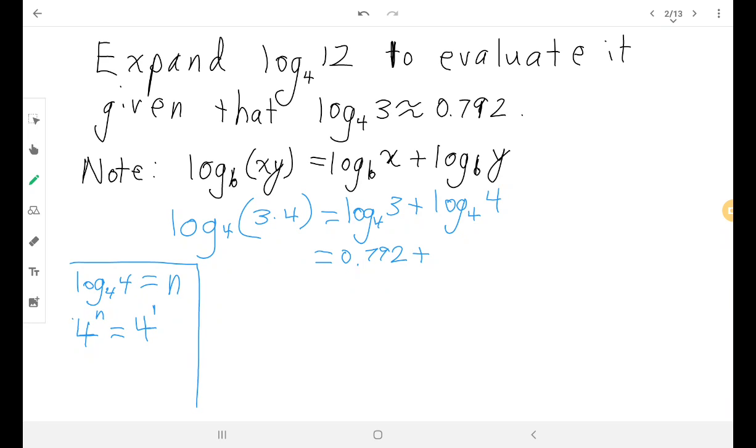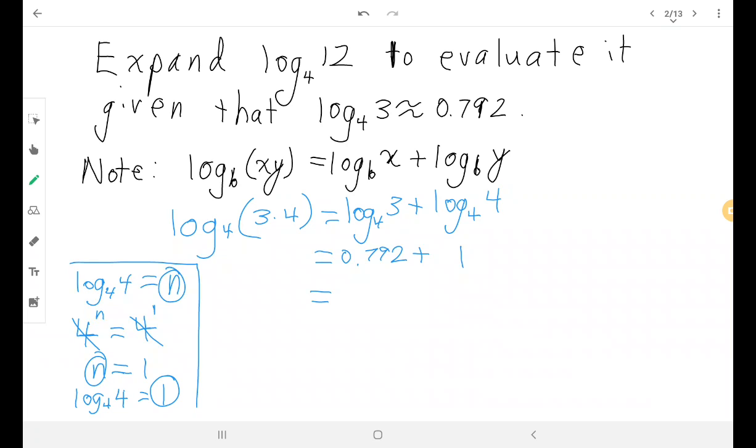And if you remember from a previous section, once we have the same bases, we can ignore them and set the exponents equal to each other. And this n is this n, so log base 4 of 4 is equal to 1. So I'll put a 1 right there.